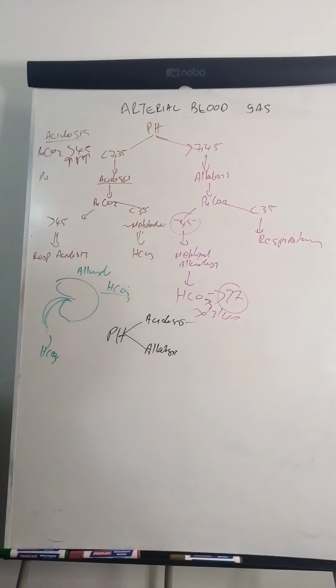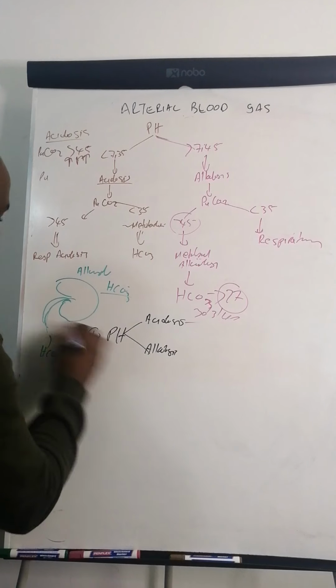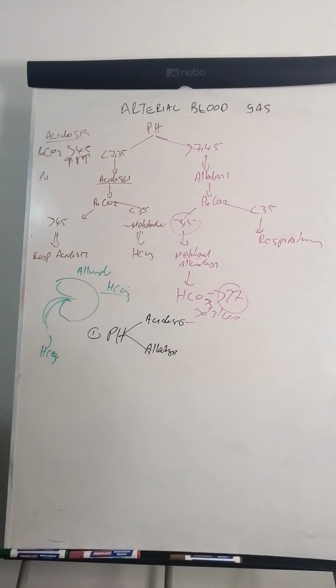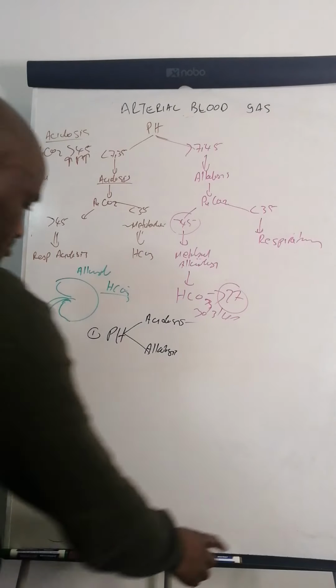So you look at your pH. That's your step number 1. Look at your pH. Decide if it's acidosis or it's alkalosis. So step number 1, check your pH.